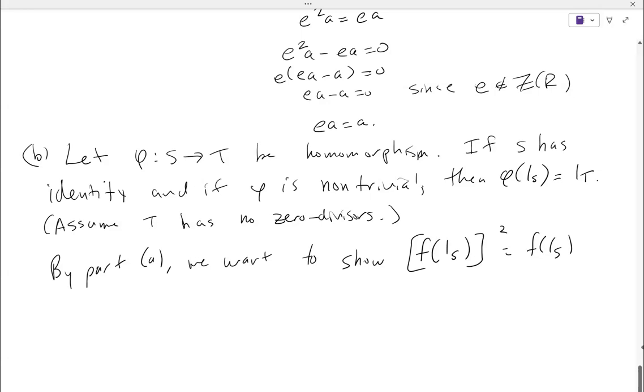We want to show that it is an idempotent and that f of 1s is not a zero divisor of T. Oops, not R. If it's an idempotent and it's not a zero divisor, then it has to be the multiplicative identity. That was what we just proved in part A.